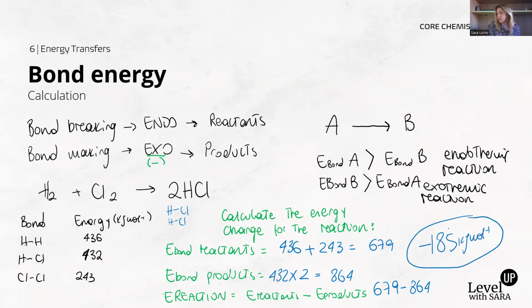This is important because in exam questions, this calculation might be 1 or 2 marks, but then you have to discuss what this value tells you. And if it's negative, it's an exothermic reaction. So we must check that it is reactants minus products, because this determines if it's an exothermic or an endothermic reaction.